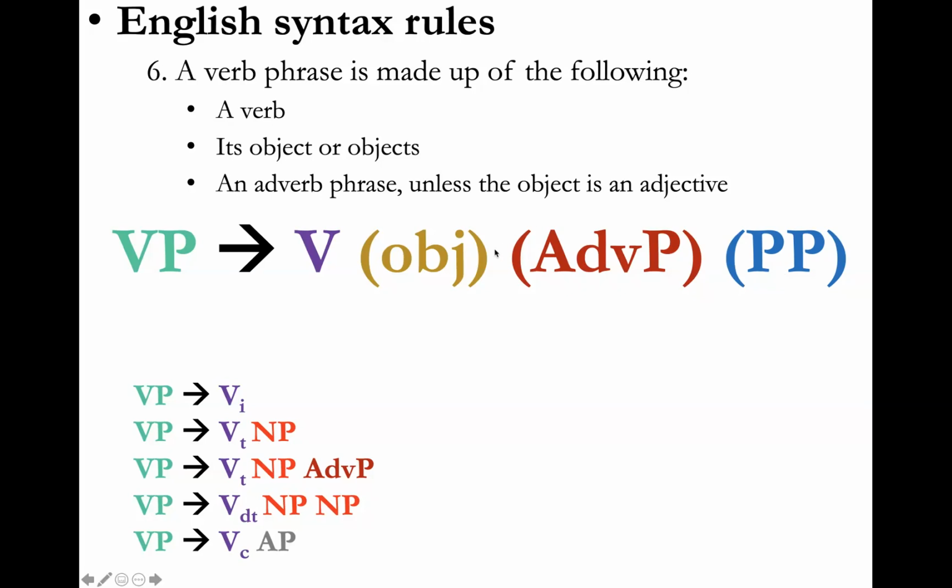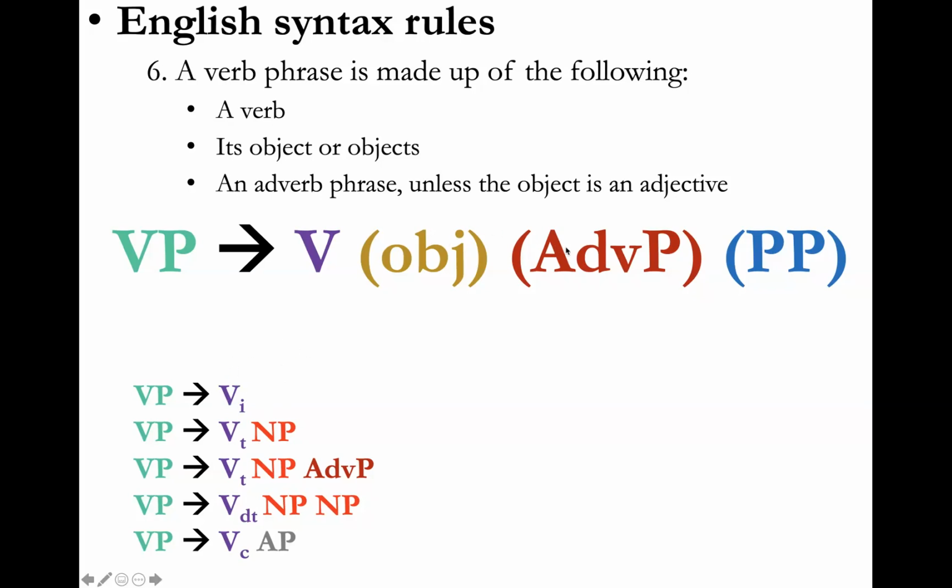So look here, you have, actually look up here first, verb, and then an object, if it's required. You can see it's optional here. That's what the parentheses mean, because some verbs, like intransitive verbs, don't need them.